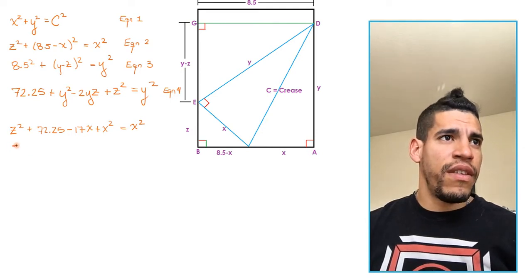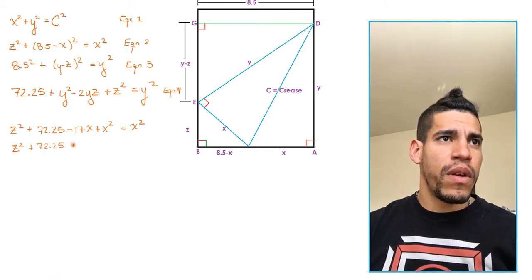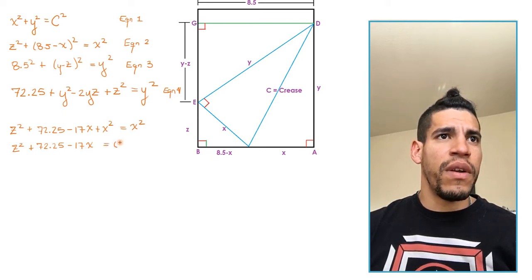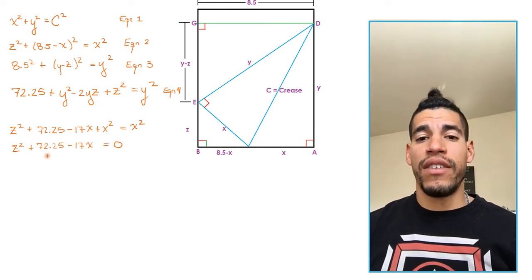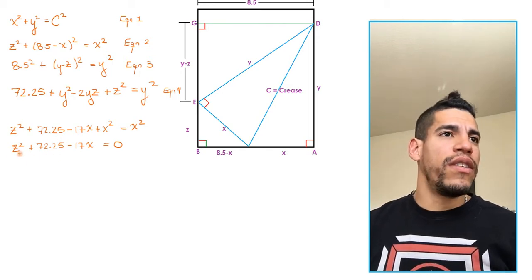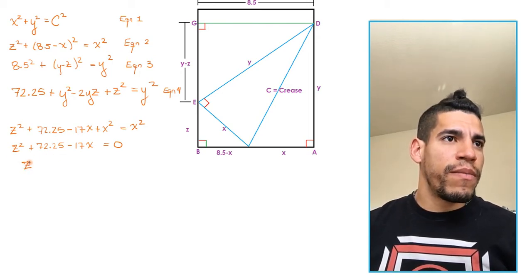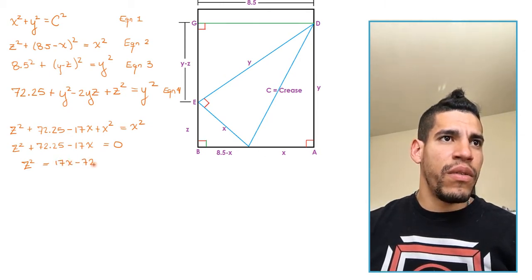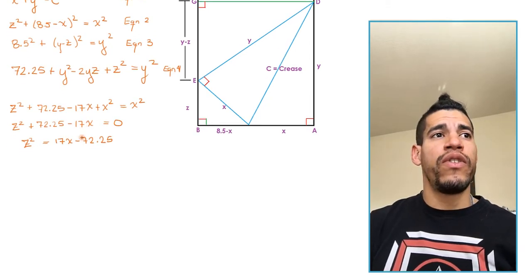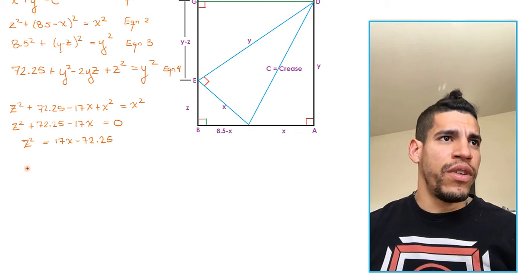You're left with z squared plus 72.25 minus 17x equals 0. Now we can isolate z squared, so z squared equals 17x minus 72.25.